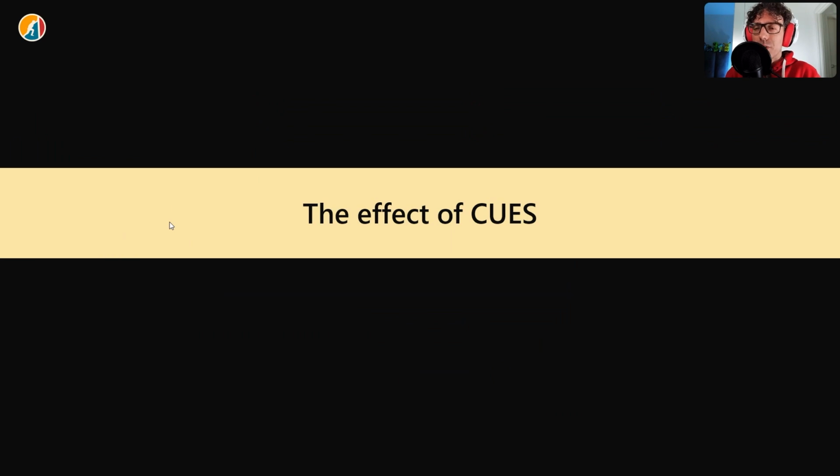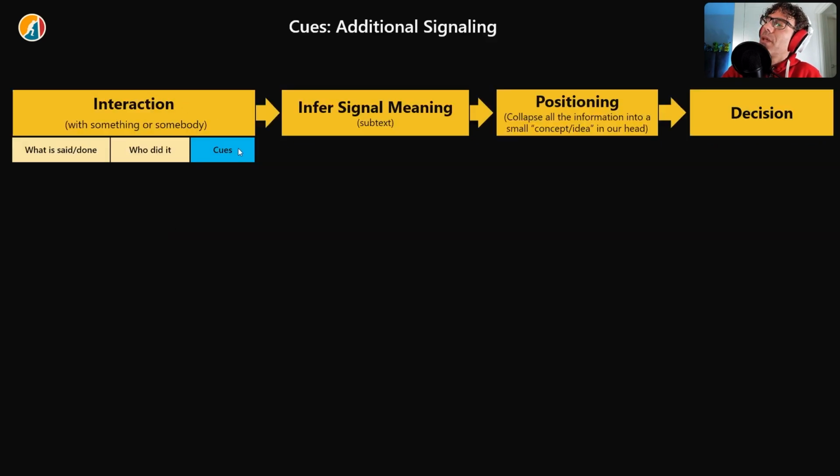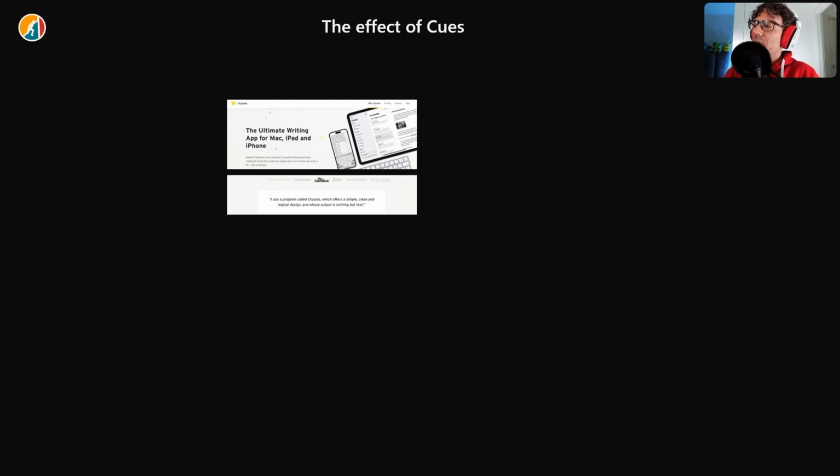Let's talk about the cues, the other part here. Remember, these are additional signaling. So when we know that we are not truly different on paper functionally, that it is the same as the other 20, we try to add credibility to that. So we put our logos and our testimonials. And then we encourage users to leave good reviews. And if the review is bad, we tell them to talk with customer support, right?